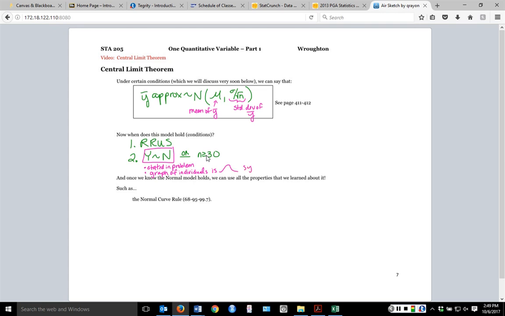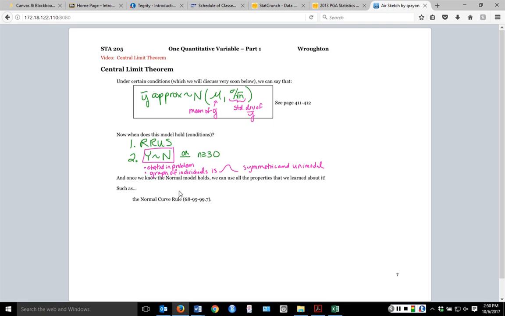So it's already symmetric and unimodal. Basically, if I already start with a graph that looks normal, y bar is going to stay normal. If I don't start with a graph that looks normal, if I sample enough people, or in a sense roll enough dice, then I can say that I'm going to be normal.